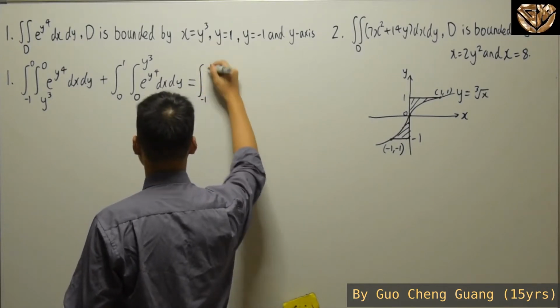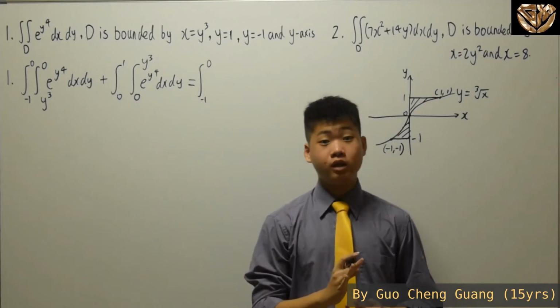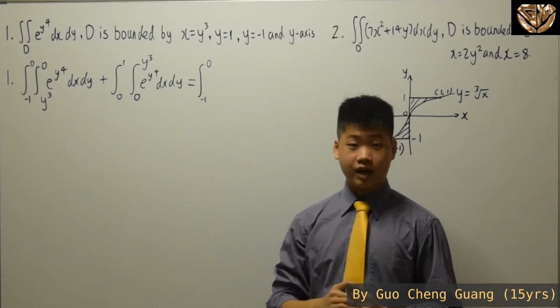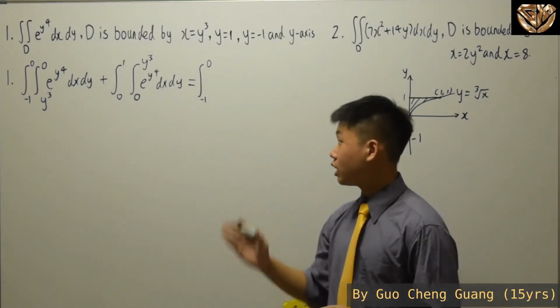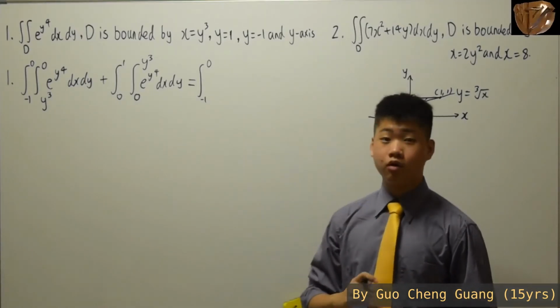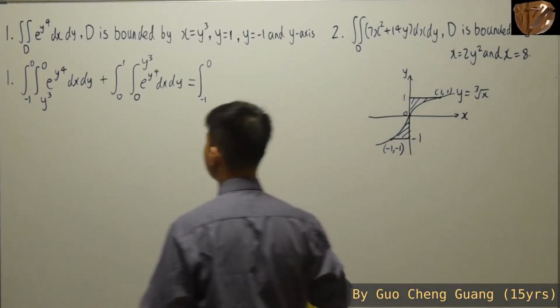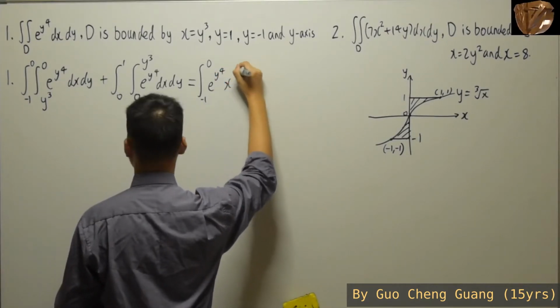Since when you're integrating for x, those terms with y, as long as you multiply onto the other terms of x, you'll take those other terms as constants. So that means e to the power of y to the power of 4, when you integrate with respect to x, you'll take that as a constant. So you are just going to have e to the power of y to the power of 4 times x.